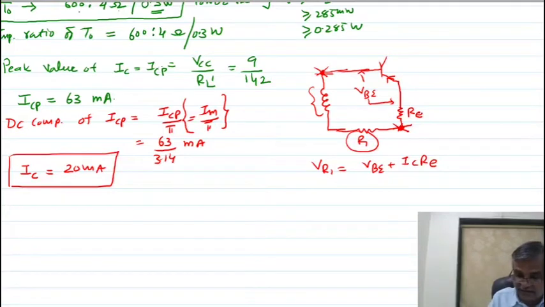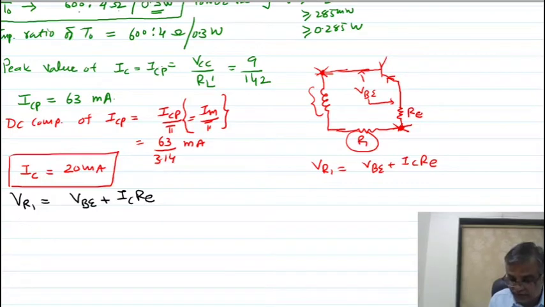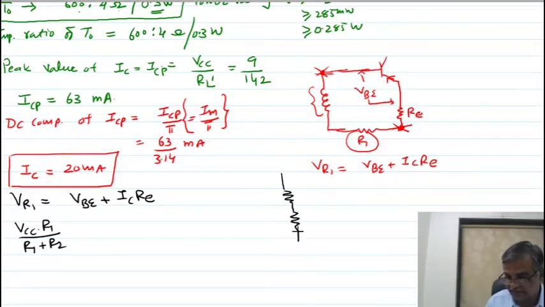So I am writing VR1 is equal to VB plus IC RE. What is VR1? VCC into R1 upon R1 plus R2. It is like this. This is R1, so this voltage is VR1. This voltage is VCC.